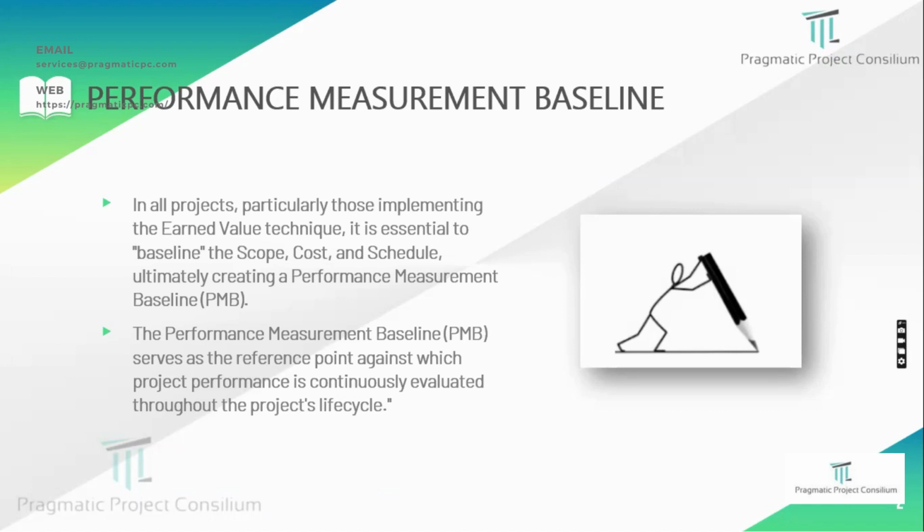For example, if your baseline is correctly fixed, then the distribution of the progress measurement can be made, and accordingly the earned value technique can be applied. So this is going to help us measure the actual performance, and it is the right way of tracking the progress. So PMB is the reference point against which project performance is continuously evaluated throughout the project life cycle.